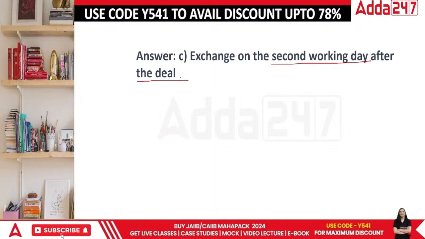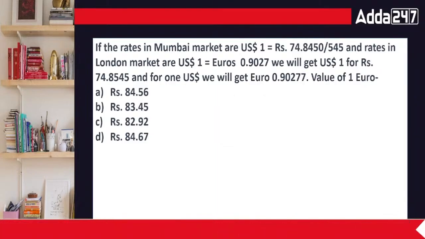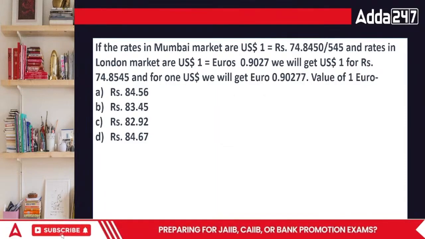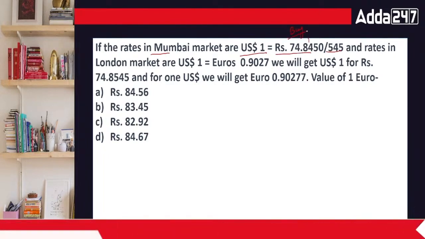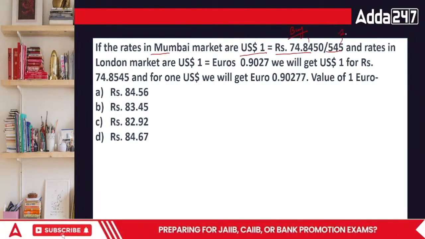Next point is related to the area of cross rates. Here comes a question. If the rates in the Mumbai market are US dollars, this is called buy and sell rate. You buy low, sell high.